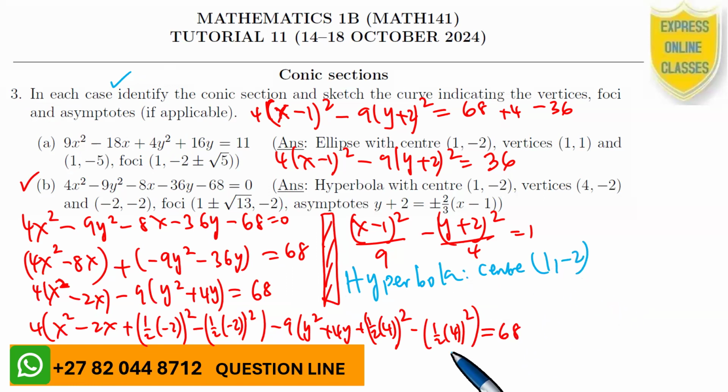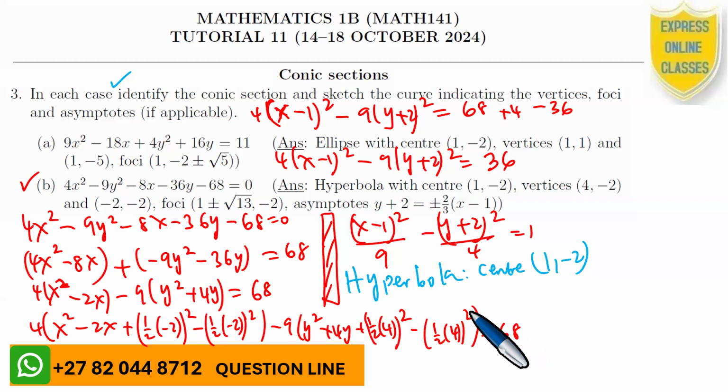(1, -2). But you see, we did the hyperbola recently, and it's not like the ellipse, because we always say the biggest one is actually the positive one. This is what we say. We take the positive one. So what then is the positive one in this case?